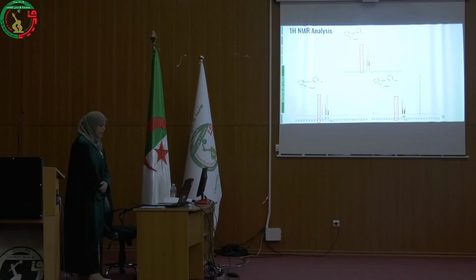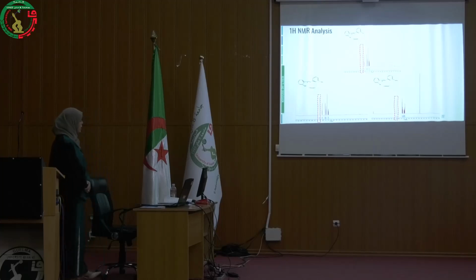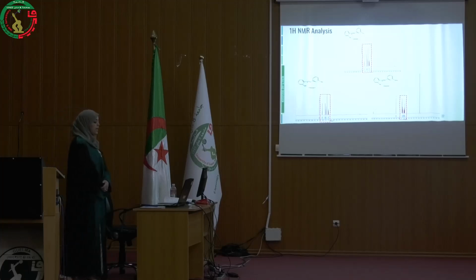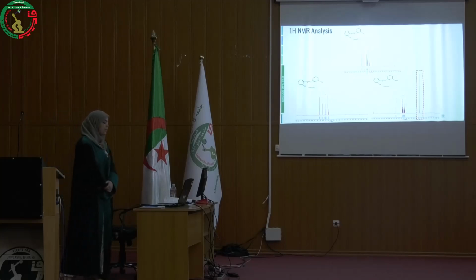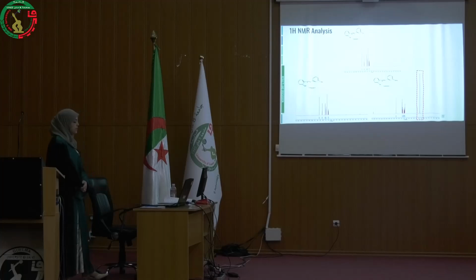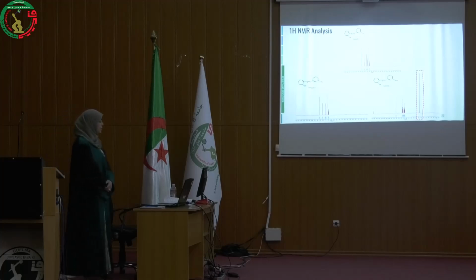Furthermore, the formation of the salicylidene aniline was supported by a distinct singlet signal at 8.7 ppm corresponding to the azomethine proton. Multiplet signals in the range of 8.1 to 6.8 ppm were attributed to the aromatic protons. HBMM displayed a unique singlet signal at approximately 3.8 ppm, consistent with the presence of its methoxy group.